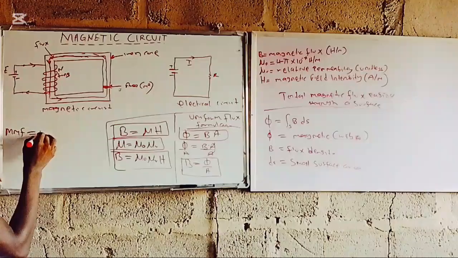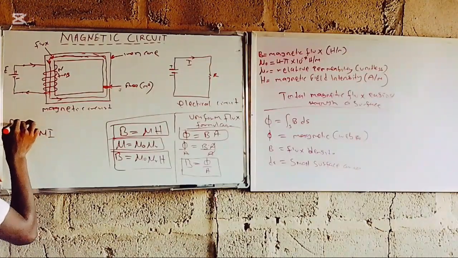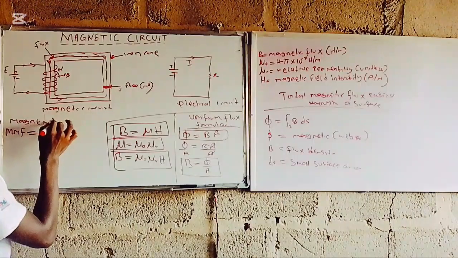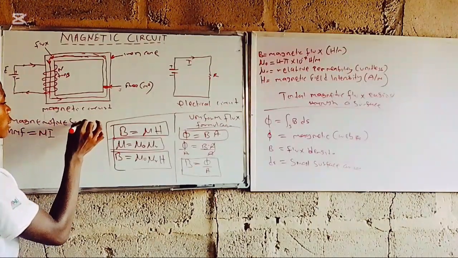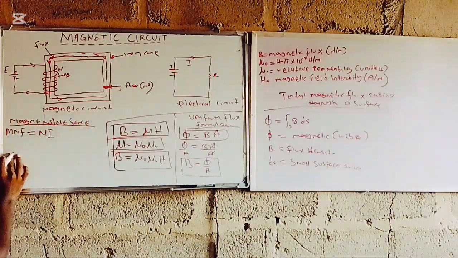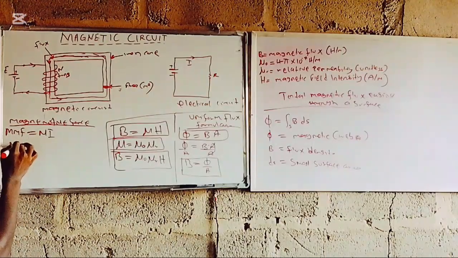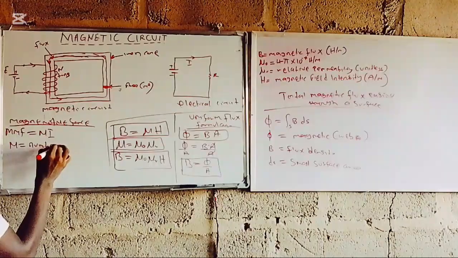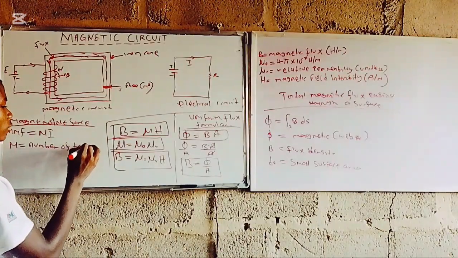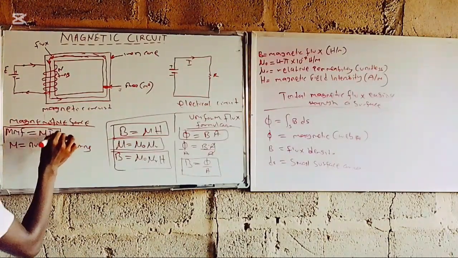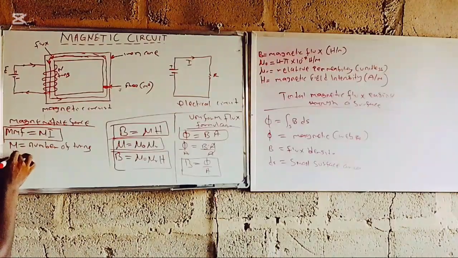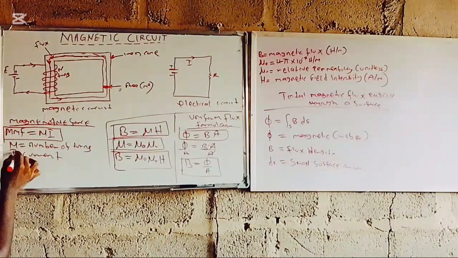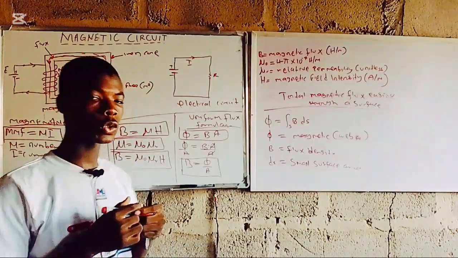So magnetomotive force is equal to Ni, where N is the number of turns and I is the current. So this magnetomotive force just pushes the flux in the magnetic circuit.